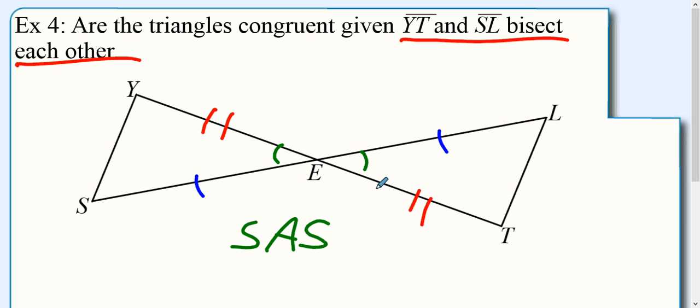Since it's two sides and the angle in between, that's why the A is between the S and the S, because we got the two sides and the angle has to go between them. So the order that you write SAS matters because it tells you that the angle has to be between the two sides.